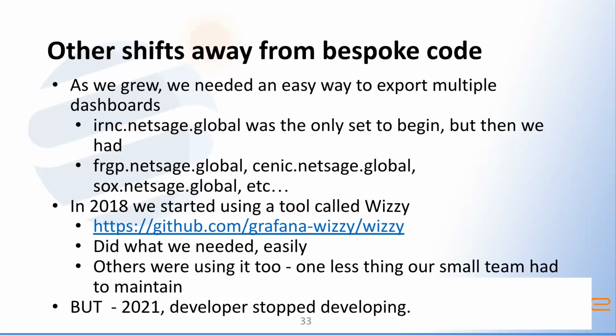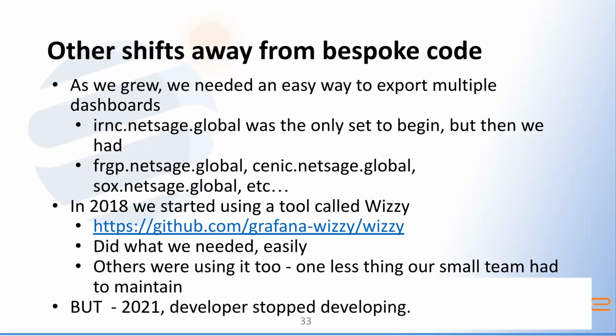But then we started working with a number of domestic schools or domestic networks in the US, Front Range Gigapop and Scenic in California and SOX in Georgia. And they all had these different dashboards. So the deployment got really hard.